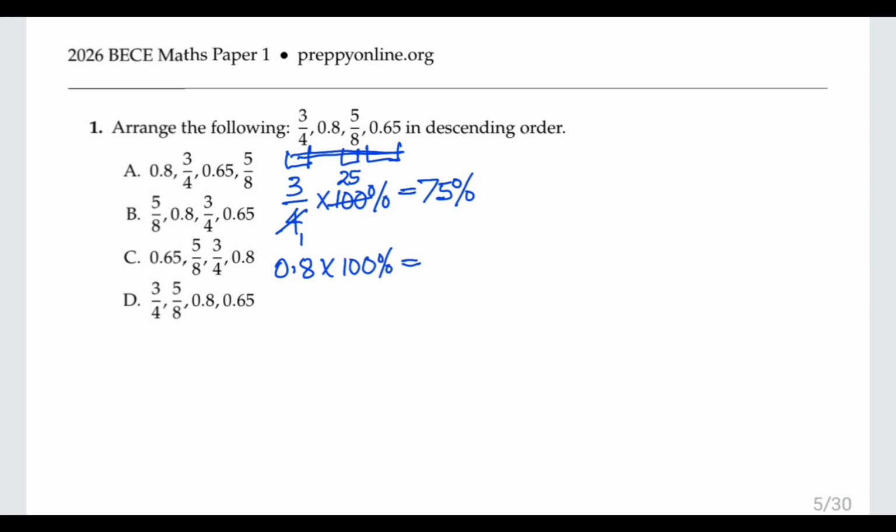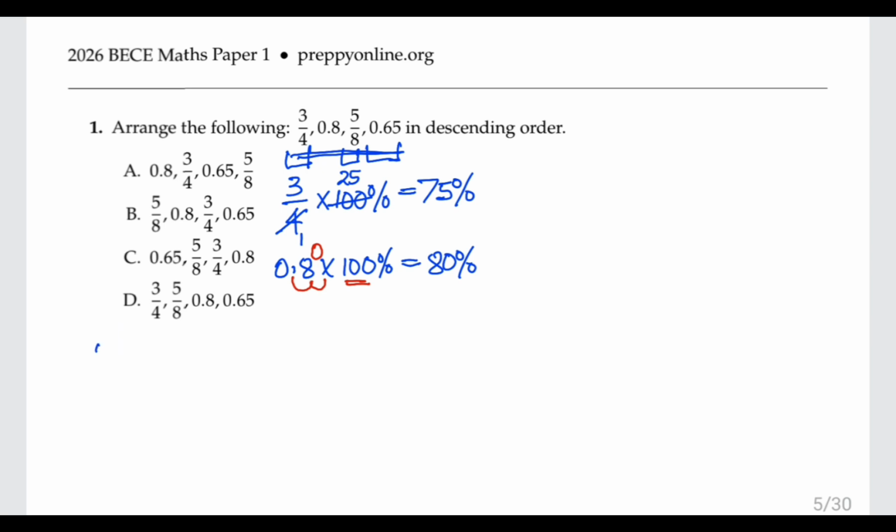We multiply by 100% and we get 80%. 0.8 times 100, we can move the decimal point twice because we are multiplying by 100, which has two zeros. When we do that, then we have an extra space for a zero. That's how come we get the 80%.